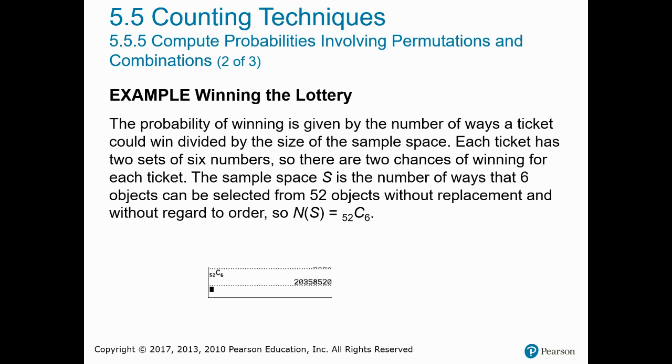You have 2 sets of 6. So the probability that you win is the 2 options you have divided by the total number of options there are. If we don't completely simplify this, although we could fairly easily, it's approximately 1 in 10 million. Right? Because it's 2 in 20 million roundabout.